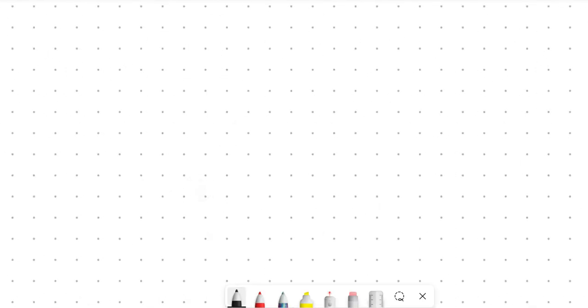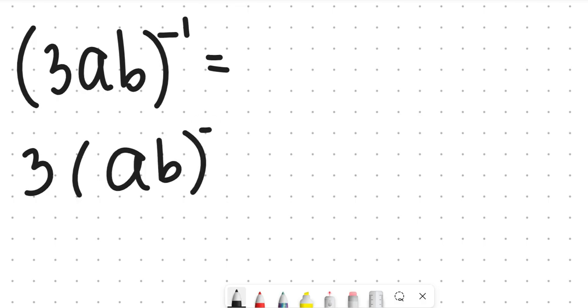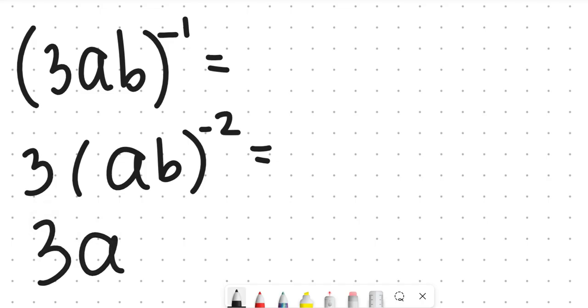So if we say, for example, 3ab to the power of minus 1, or if we say 3 and then in brackets ab to the power of minus 2, or we can say 3ab to the power of minus 1. Okay, you have a minute. Try to do it yourself.